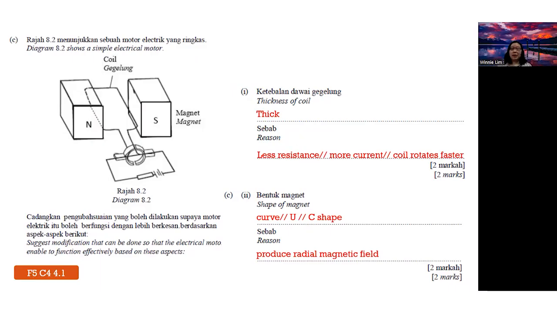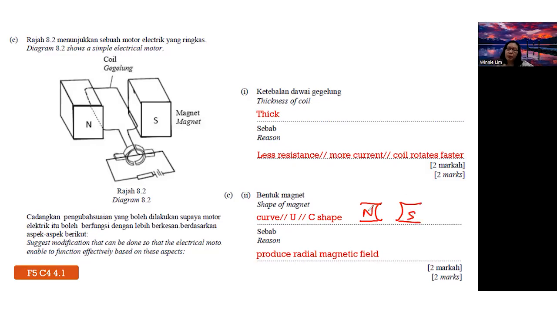Then the shape is curved, or U shape or C shape, or you can say curved or even concave. You can use the term concave. Or if you really don't know the term, just like I showed you in the drawing, you can draw it out also.